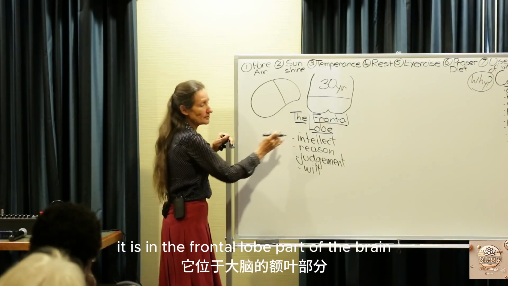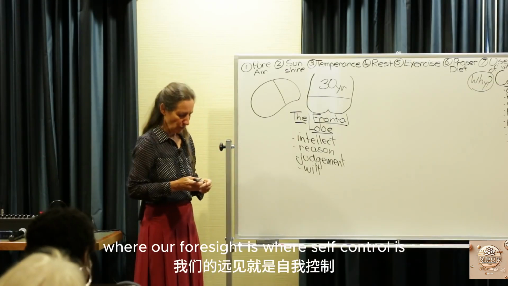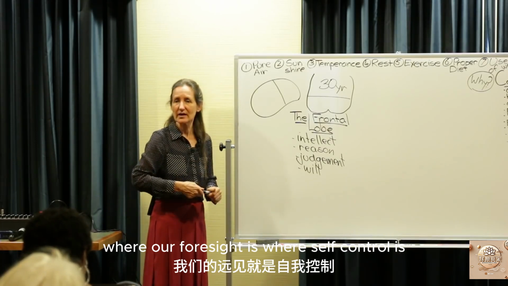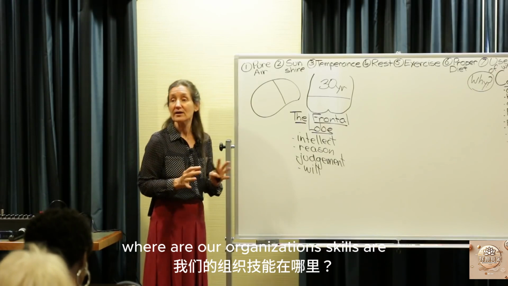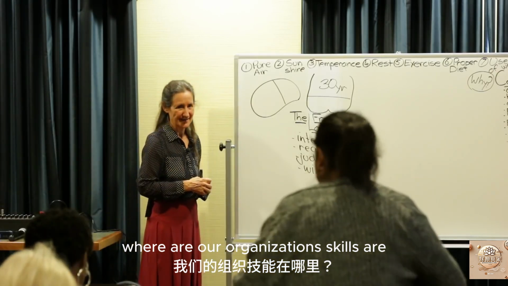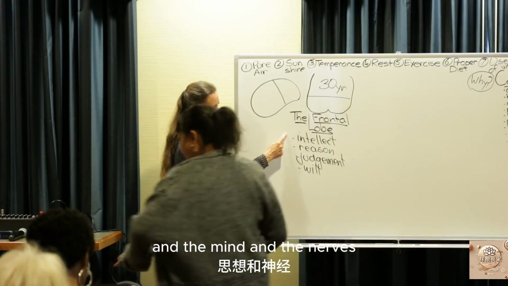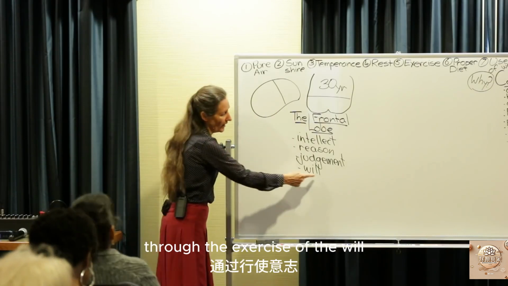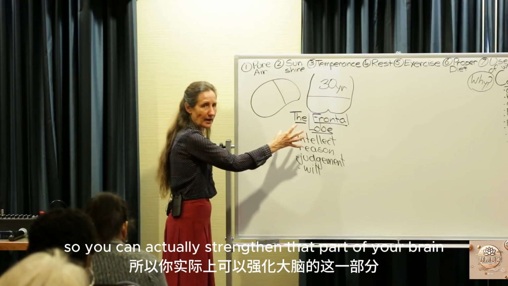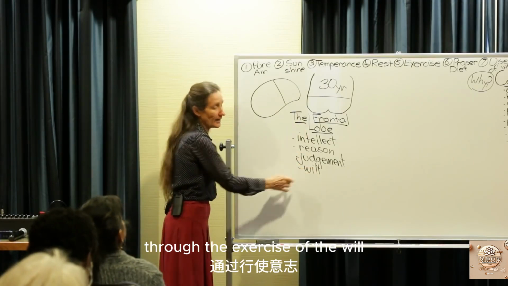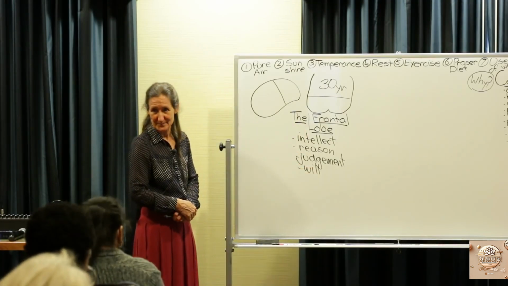It is in the frontal lobe part of the brain where our foresight is, where self-control is, where our organisation skills are. And the mind and the nerves gain tone and strength through the exercise of the will. So you can actually strengthen that part of your brain through the exercise of the will.